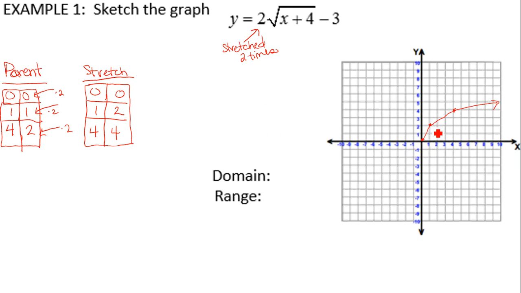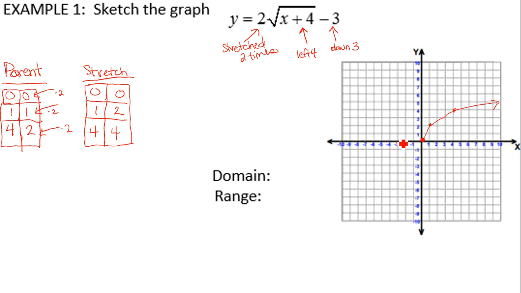Now from those points, after I've figured out where my stretch is, now I can shift it left or right. What's this telling me to do? This is telling me to move to the left 4, and this guy is telling me to move down 3. So each point that I've just graphed on my stretched graph here needs to follow that step. I need to go left 4 and down 3. So I'm just going to start with my (0, 0) point here.